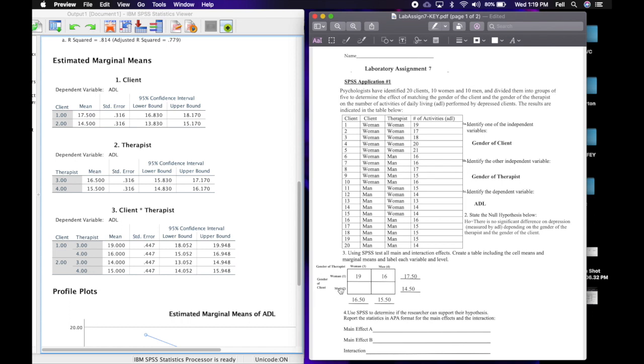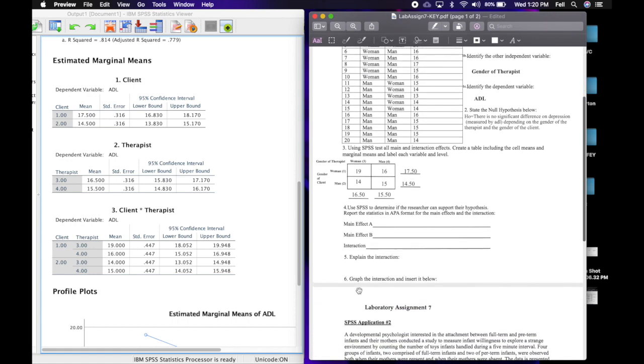So the cell for 2 and 3 is right here, this cell here. And that value for 2 and 3 is 14. And then for this last cell, 2 and 4 is 15. Okay, so I've completed this.